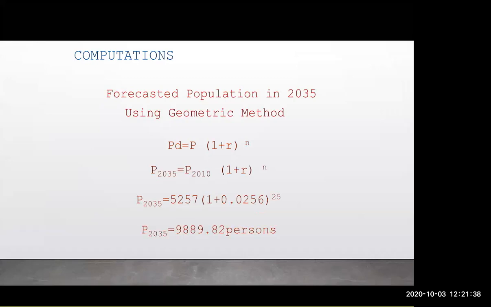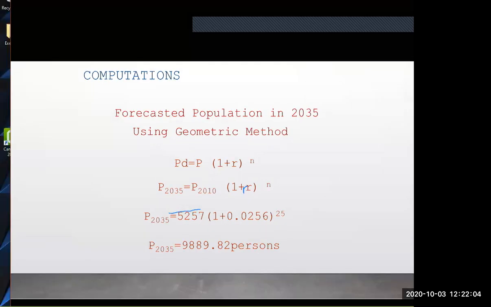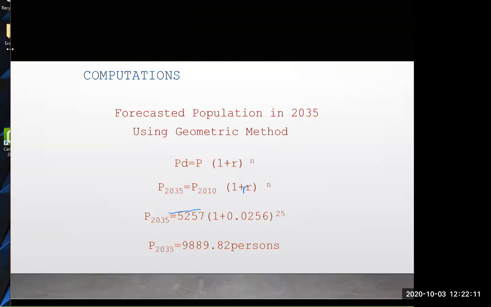So let's say P2035, you know the population in 2010, that is 5,257, that is given. And you're also given R a while ago. The design period is 25. Do not use 20, because what we are trying to find out is the population by the year 2035. It's not the service life of your sewage treatment facility.